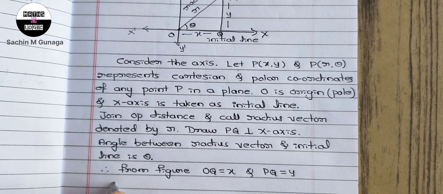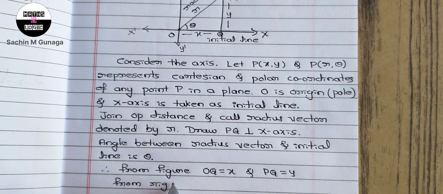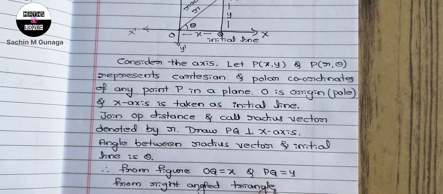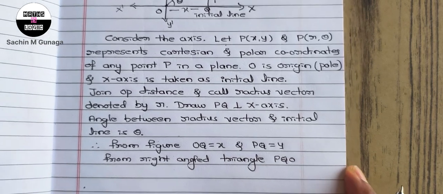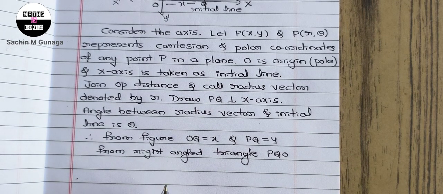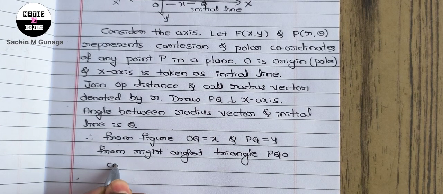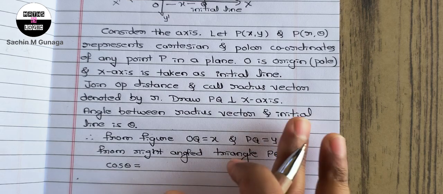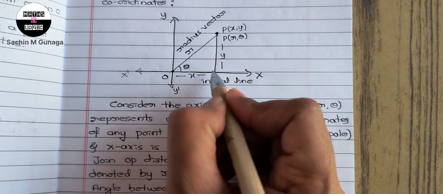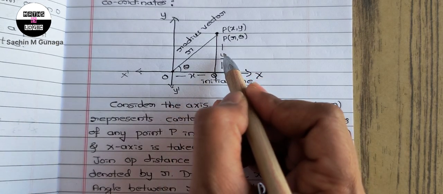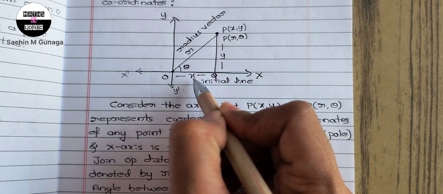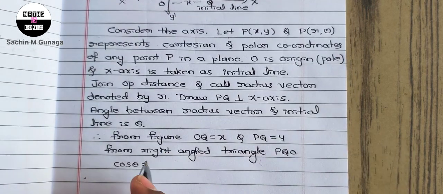So next, from the right angled triangle PQO, we know the cos θ formula. Cos θ is adjacent side divided by hypotenuse side.